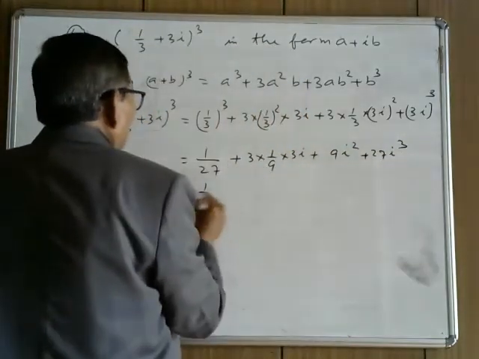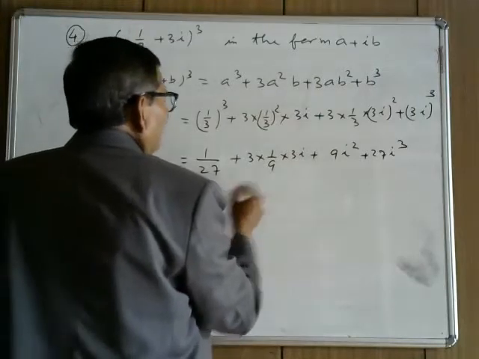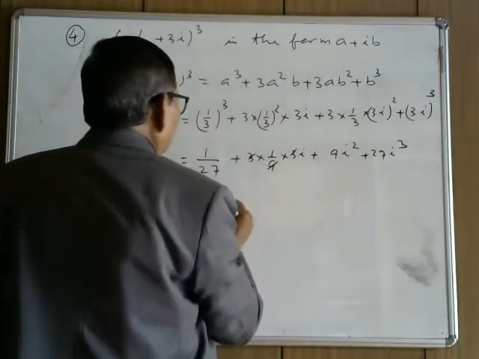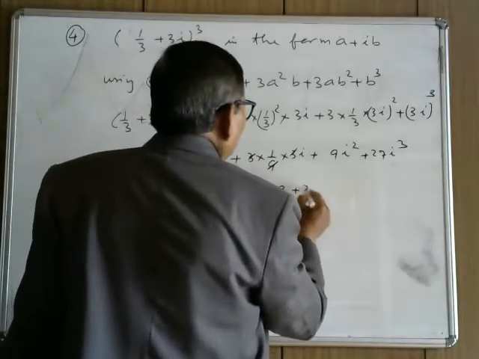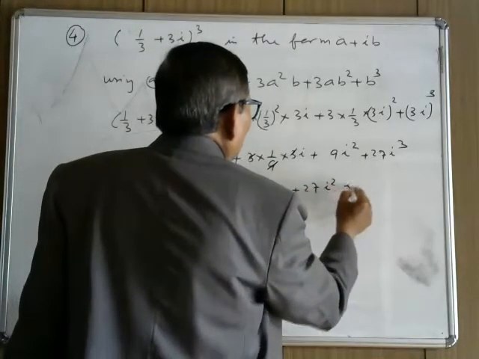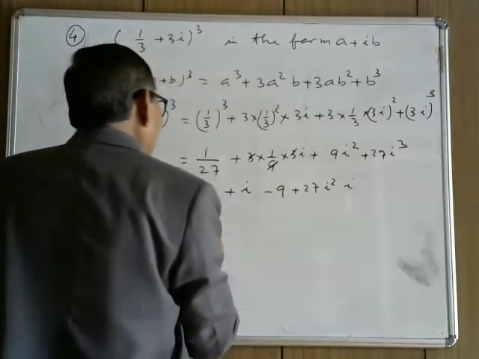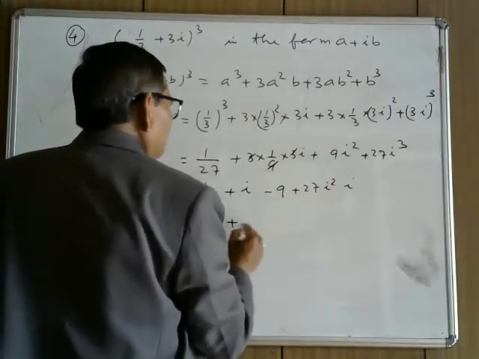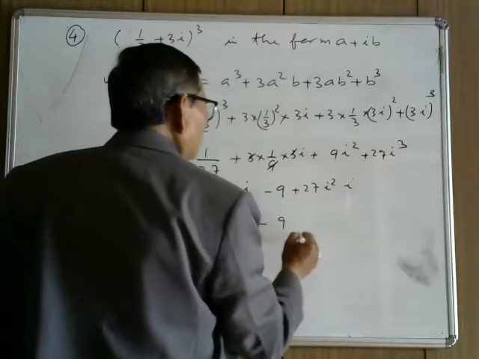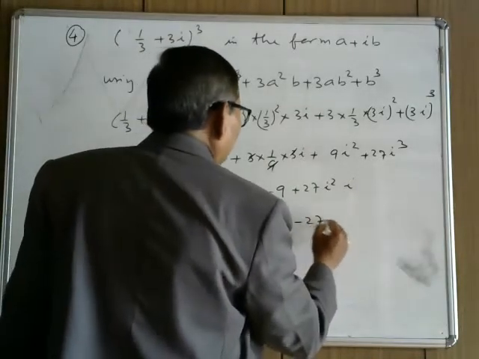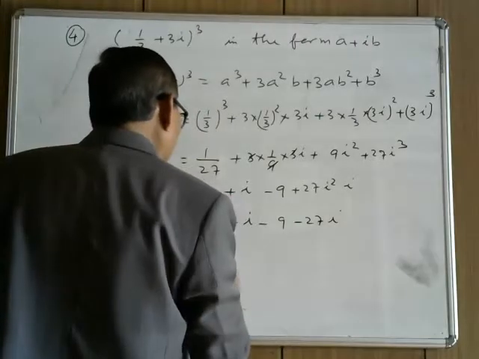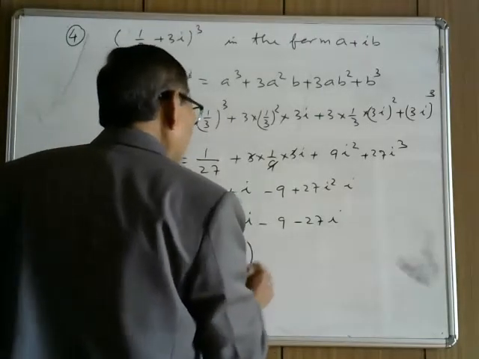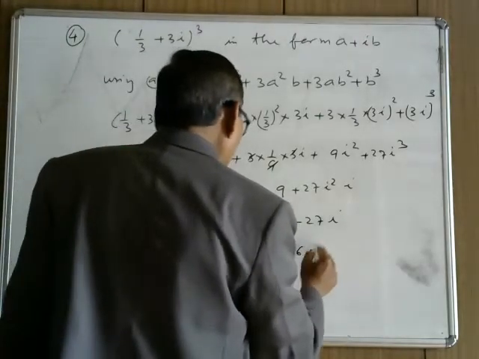So it is equal to 1/27, 3 threes are 9, plus i, minus 9 plus 27 i square into i. So it is 1/27 plus i minus 9 minus 27i. So in this case it is 1/27 minus 9 minus 26i.